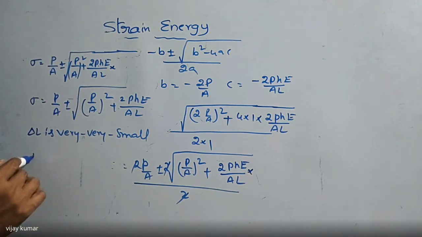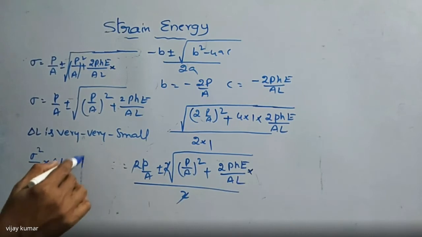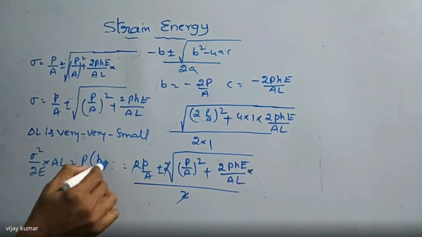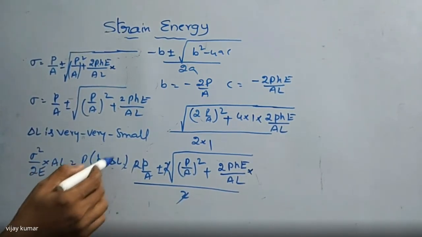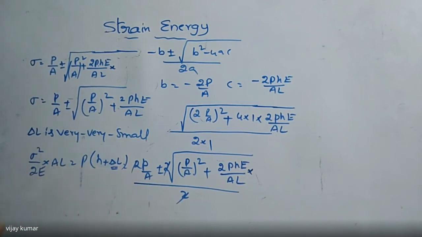Generally we write sigma square by 2E into A into L is equal to P into H plus delta L. So here delta L is very, very small. Then we get sigma square by 2E into AL is equal to PH. Then we find the P value; automatically we can get it. So that is the value of P. Did you get my point or not?